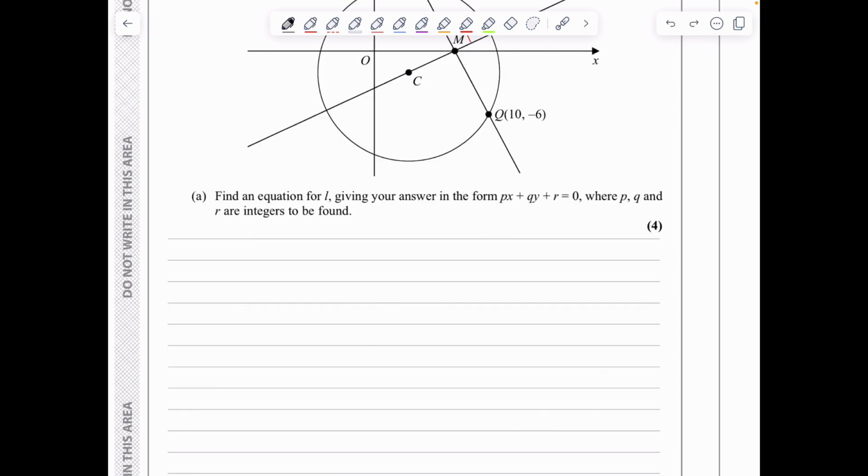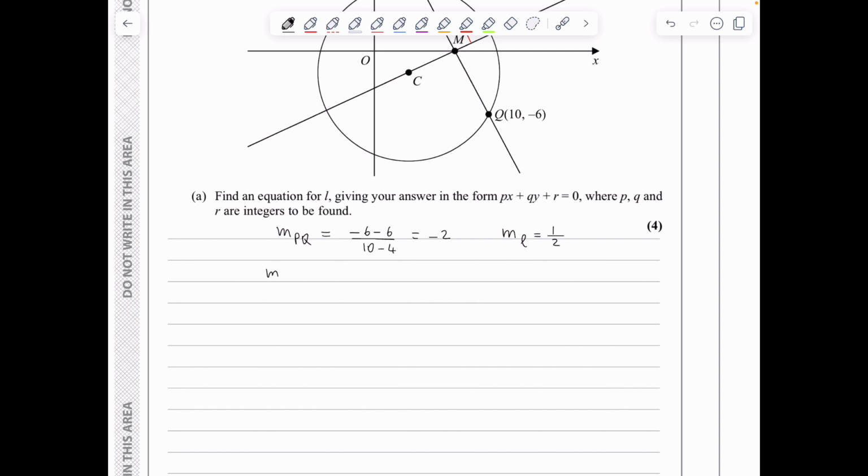So to find the equation for L, I will start by finding the gradient of PQ. I'll be doing rise over run, so negative 6 minus 6 over 10 minus 4, which gives an answer of negative 2. And we conclude that the gradient of L should be a half. I flip and I change the sign because they are perpendicular.